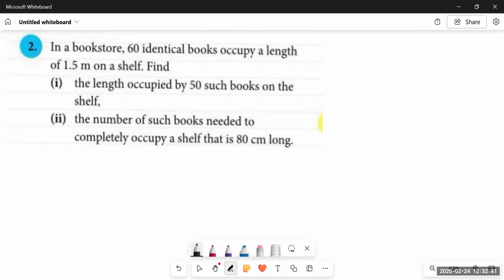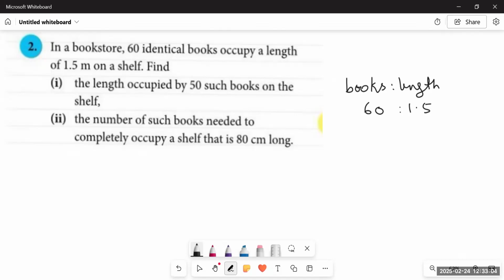Okay. So we can say that books ratio length is given as 60 ratio 1.5. Either you write equals to over here and then write down the next ratio, or just write down the next ratio below this one. Okay, it means the same.